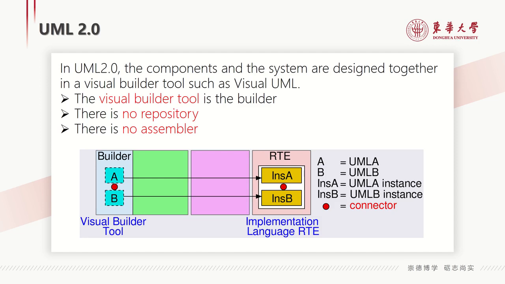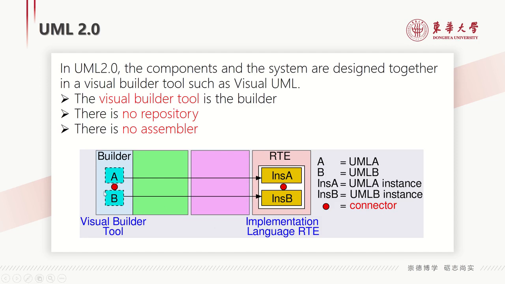And at runtime, the runtime is the implementation language runtime environment. Here, the UML component A finally becomes the UML A instance, and UML B becomes the UML B instance, and this one is the connector. So now I think we can understand what the implementation language runtime environment is.